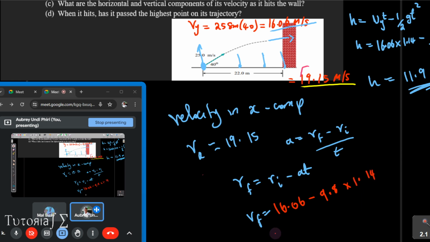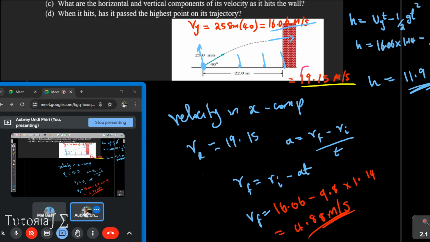So when you simplify that, what are you getting? 4.88 meters per second. So that will be your velocity in the y.